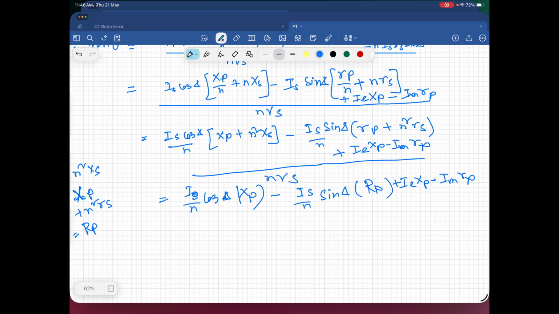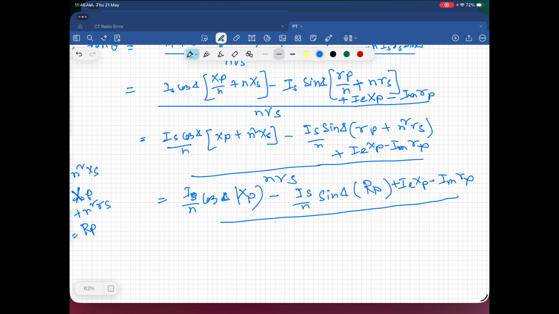So here what I can write again, Xp by n square, then it will be Xs. So Is by Bs, Xs cos delta minus Rs sin delta plus Ie Xp minus Im Rp by N Bs.